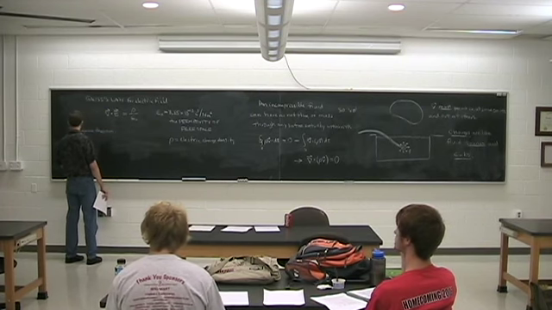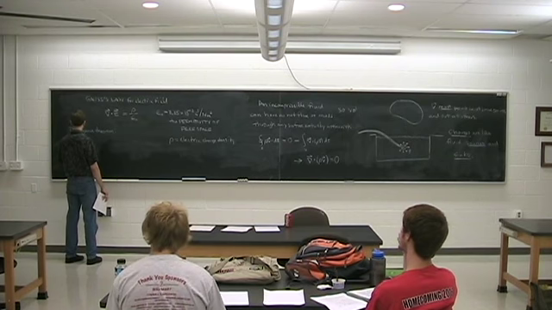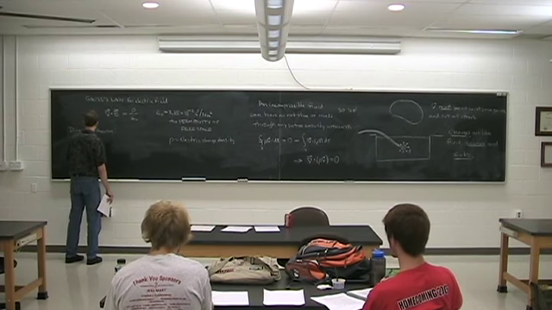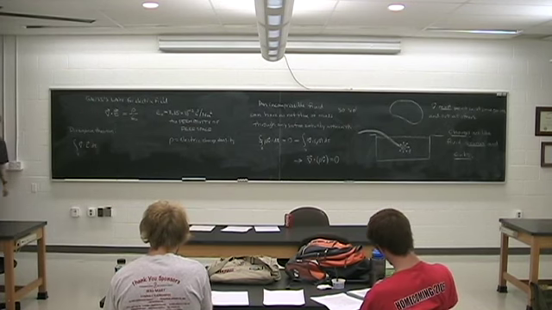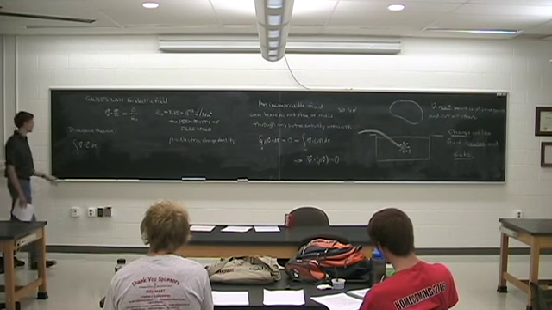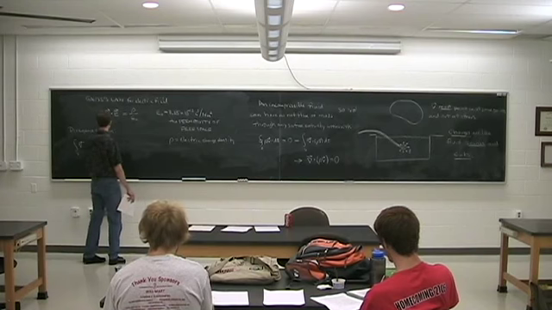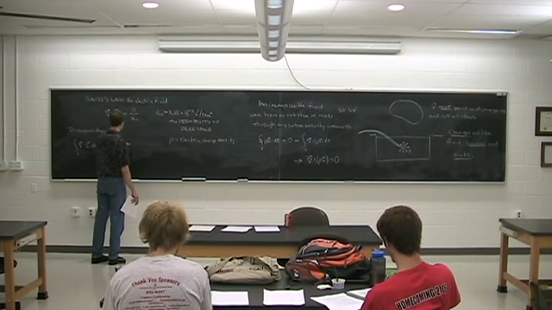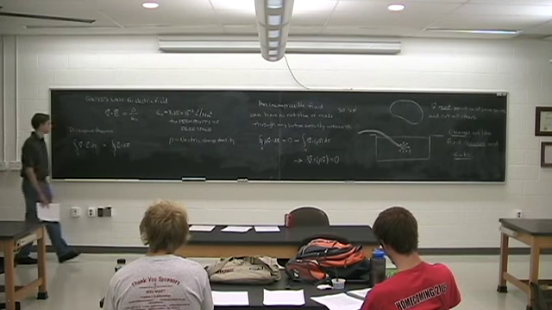If I integrate div E over some volume, by the divergence theorem, that's equal to the flux of the electric field through the surface which encloses that volume.